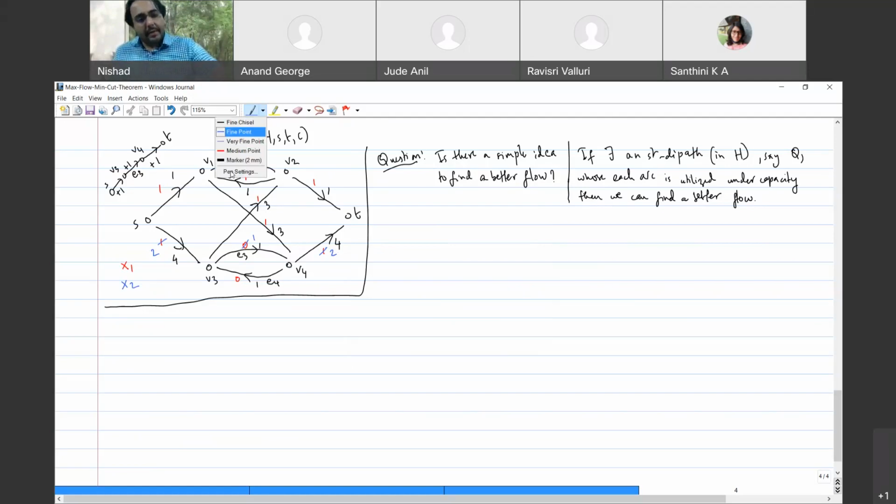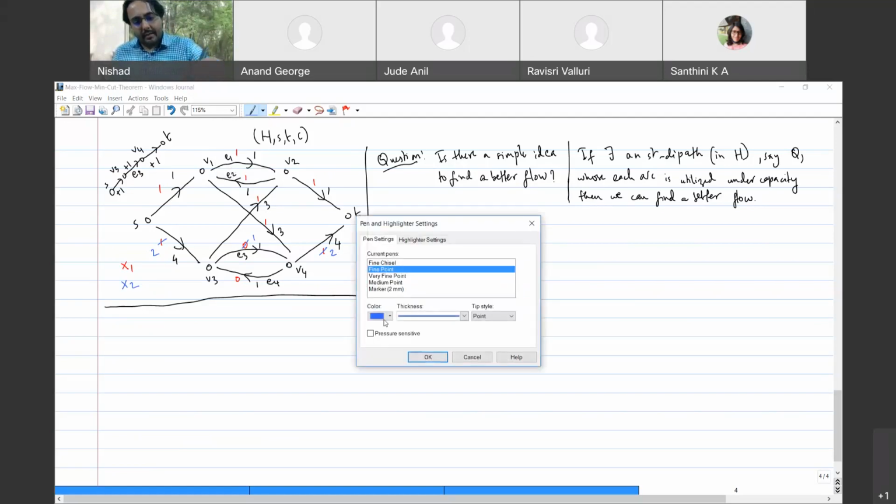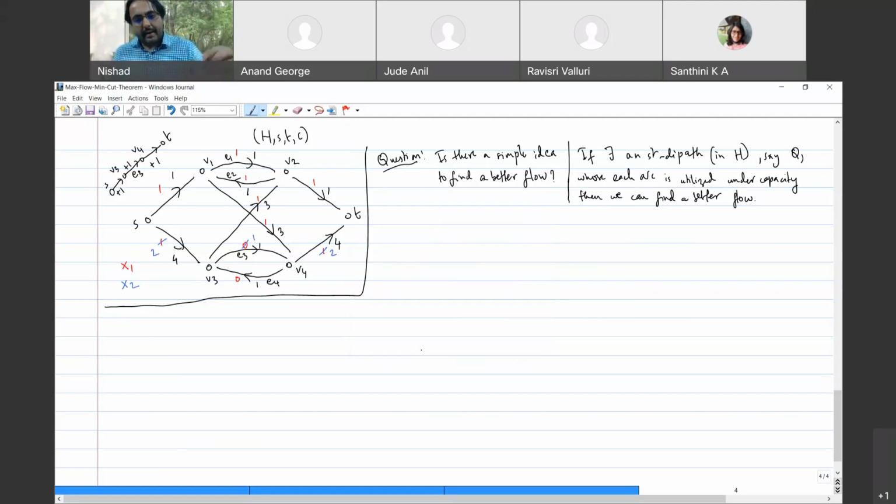Now, at this point, I want to ask you again, is there another ST dipath with this property in this digraph?